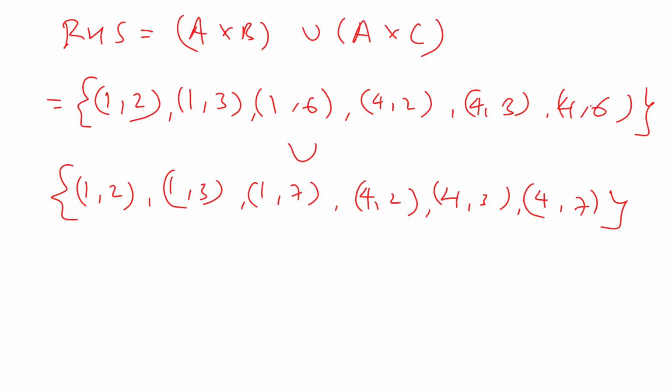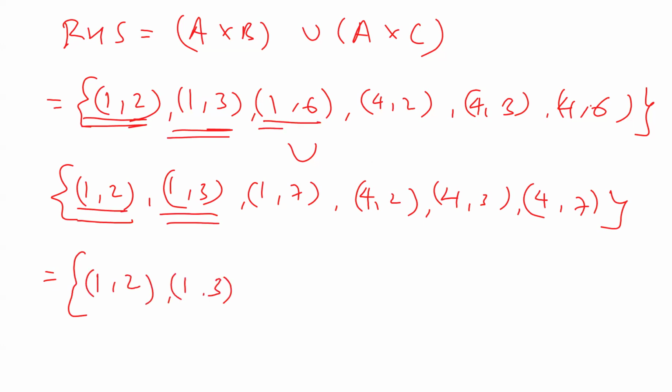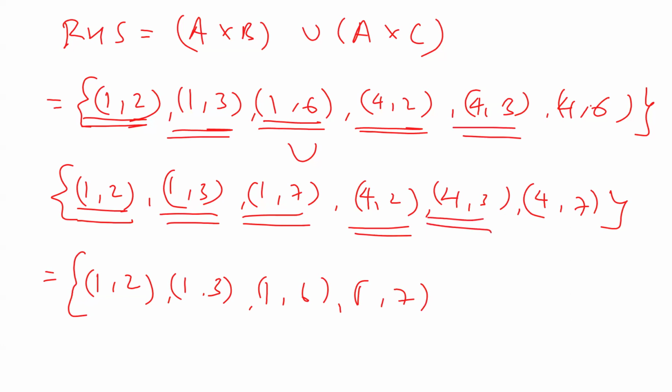Okay. So union for these two sets. So 1, 2, 1, 3, 1, 6, 1, 7, 4, 2, 4, 3, then 4, 6, 4, 7.